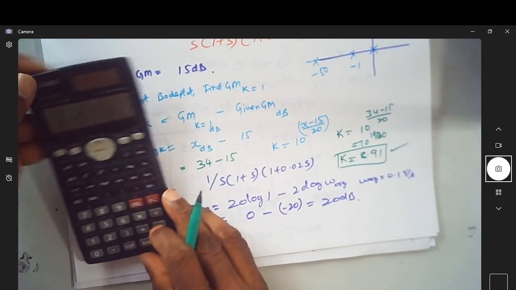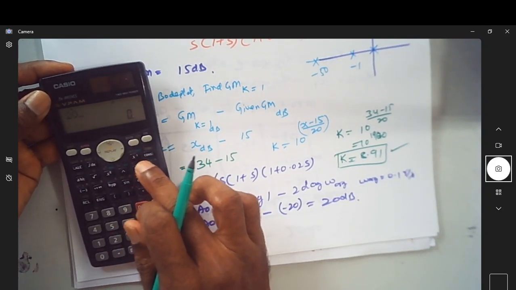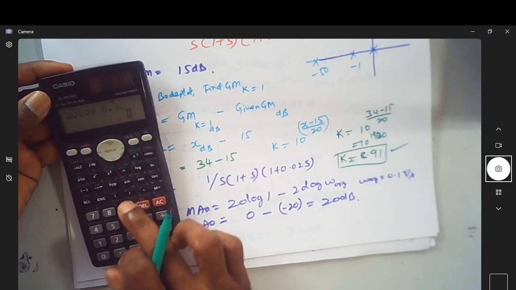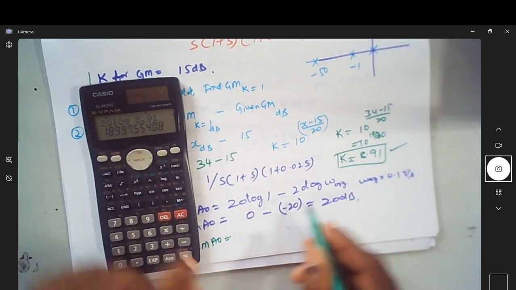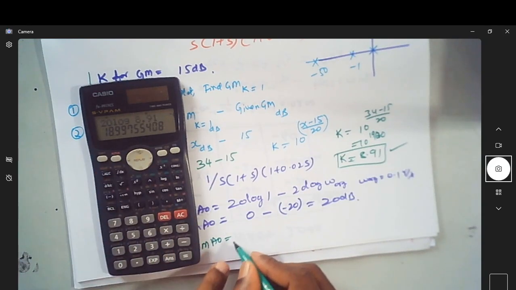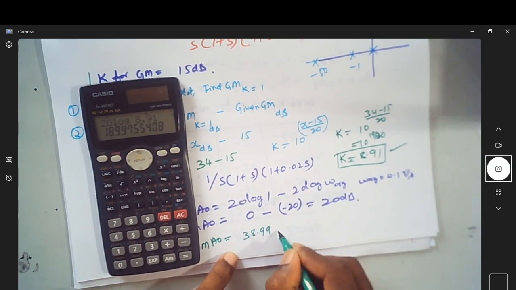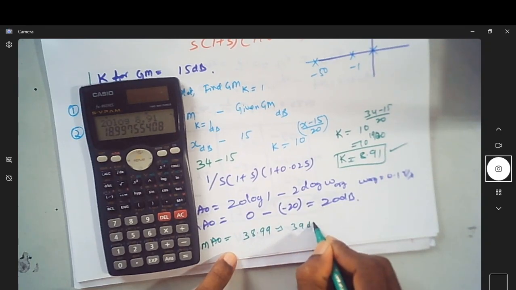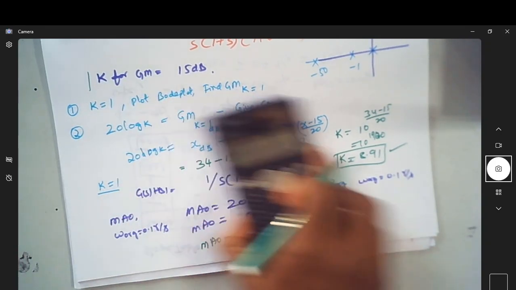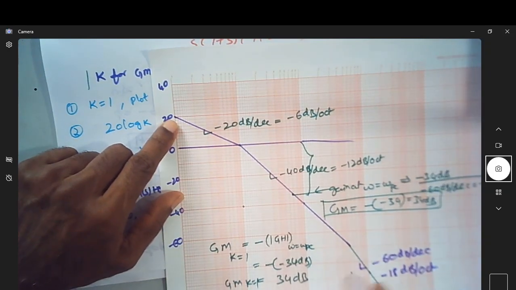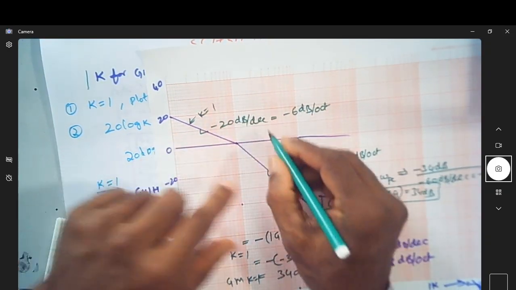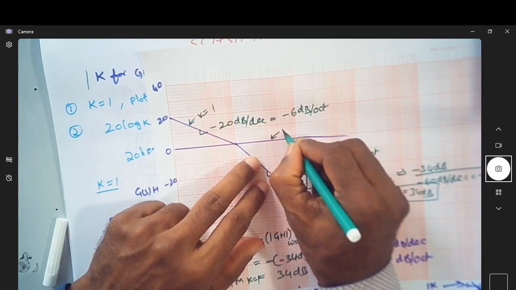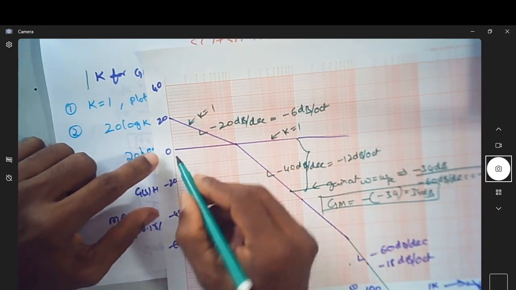MAO is 20 log of 8.91, plus 20 dB, which is 38.99, equal to 39 dB. So this is actually at 20 dB with k is equal to 1.